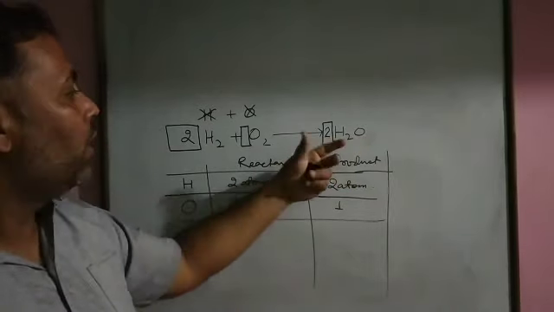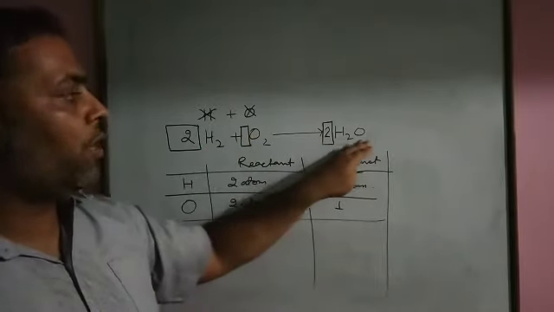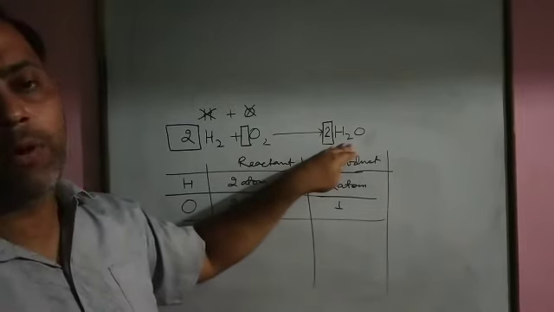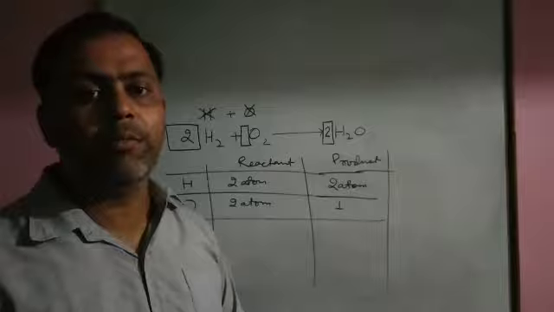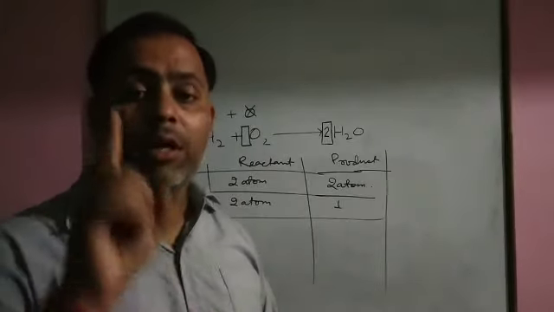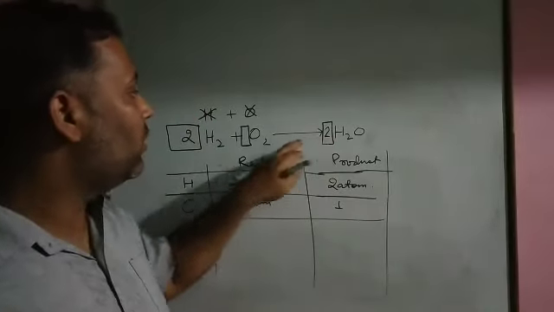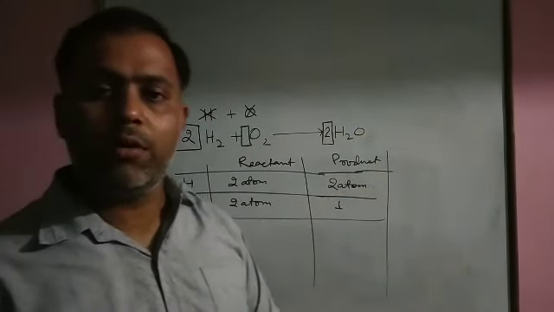It means in the reactant the oxygen is 2, in the product oxygen is 2, in the reactant hydrogen is 4, and in the product hydrogen is 4. It means the chemical reaction is balanced, and it can only and only be balanced by changing the stoichiometric coefficient, not by changing the subscript. Understood? Thank you.